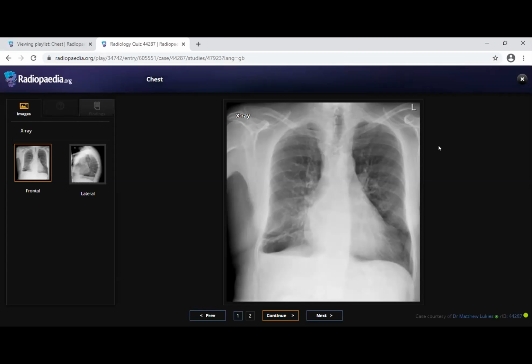Retrocardiac area. I suspect there is right paravertebral opacity. Yeah, go on. Yes, I think there could be a cardiac patient with mitral valve disease, double contour on the right cardiac border versus mediastinal mass, posterior mediastinal mass.